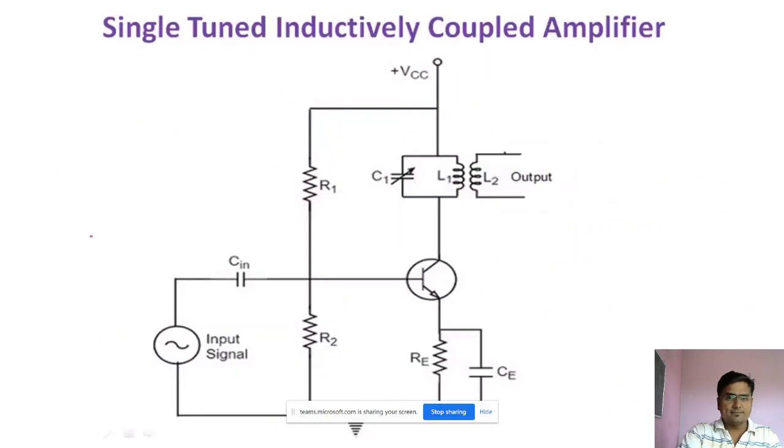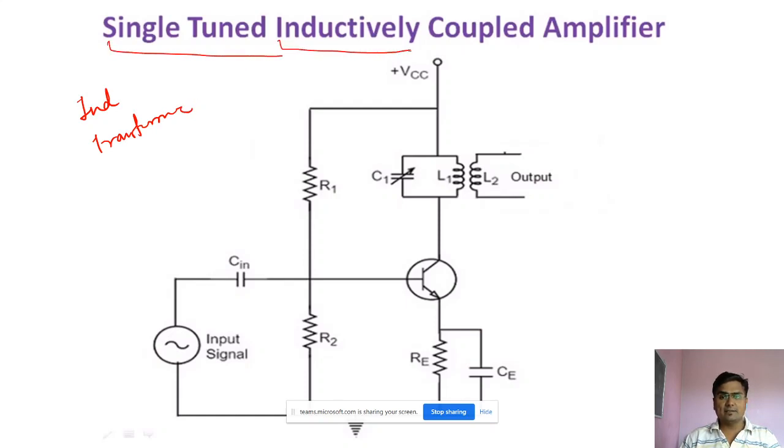Now after this is a circuit diagram that I'm showing just to tell you that it's not only a capacitor that can be used as a coupling element. We have an inductor as well as a transformer. So this is a single tuned inductively coupled amplifier. Inductively coupled means what?